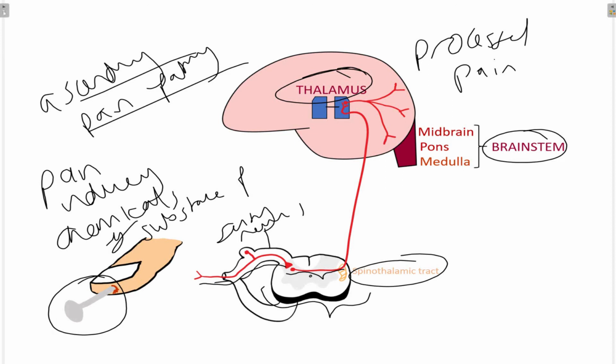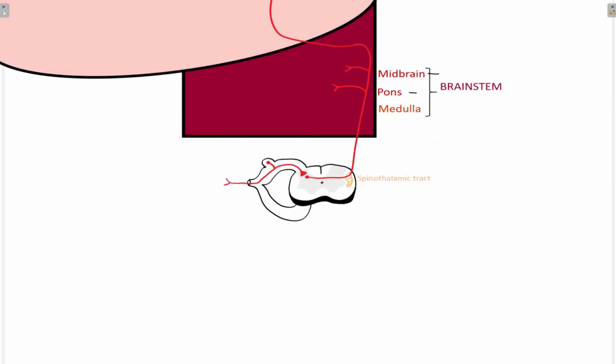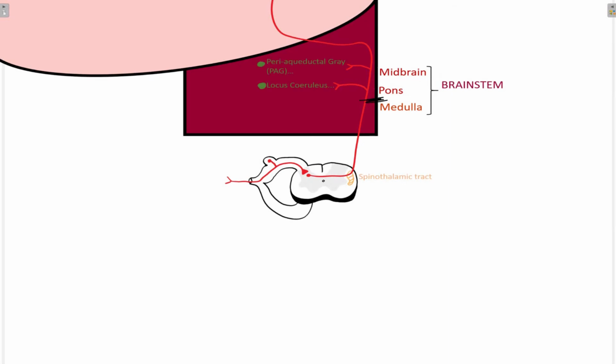Now, if we zoom in closer, we can get a better idea of what this is going to involve. So we're going to look specifically at branches coming up from the midbrain and the pons. And what happens is the midbrain branches to what's known as the periaqueductal grey, and the pons to the locus ceruleus.